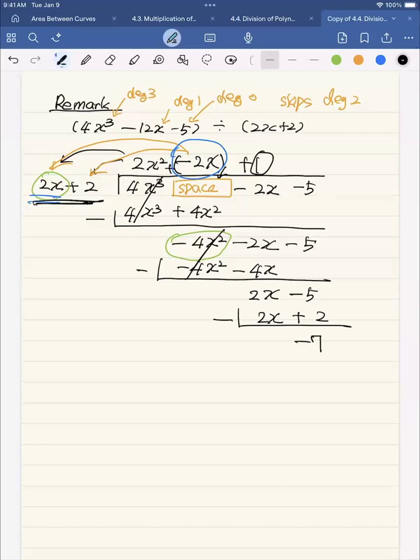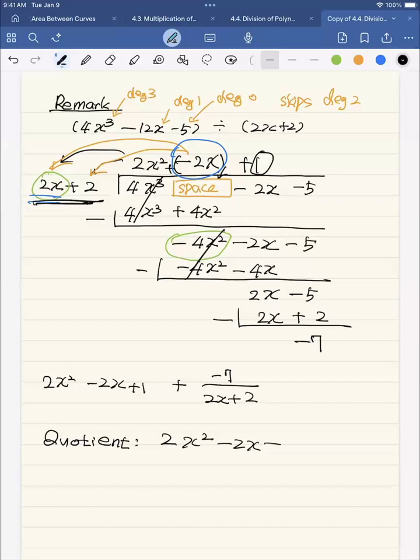So in this case, we can express this as 2x squared minus 2x plus 1 plus negative 7 over 2x plus 2. So the quotient is 2x squared minus 2x plus 1, and the remainder is minus 7.